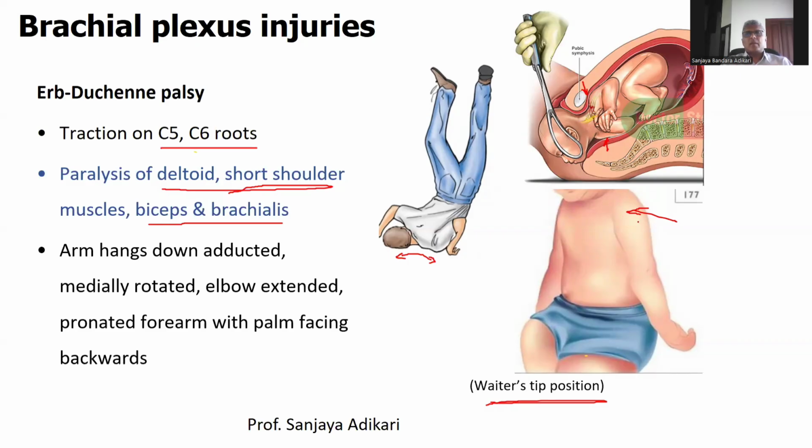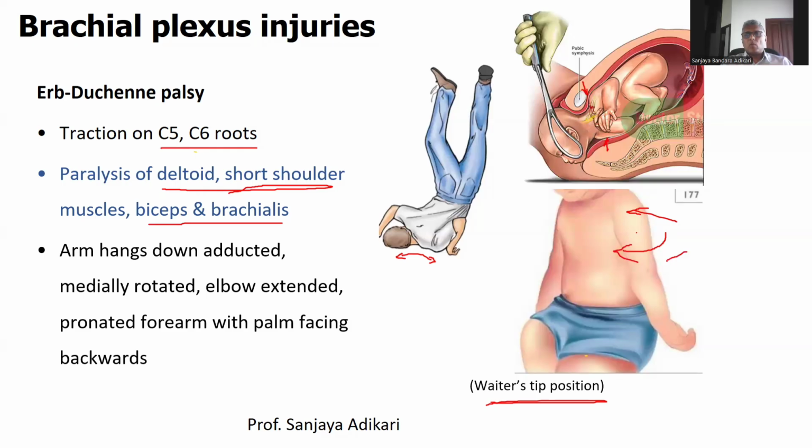It is adducted by the action of the adductors, pec major and latissimus dorsi, which are still acting, since their segments are at a higher level, C7, C8. The lateral rotators, the posterior fibers of deltoid, infraspinatus, and teres minor, are all gone. Therefore, the arm is medially or internally rotated.